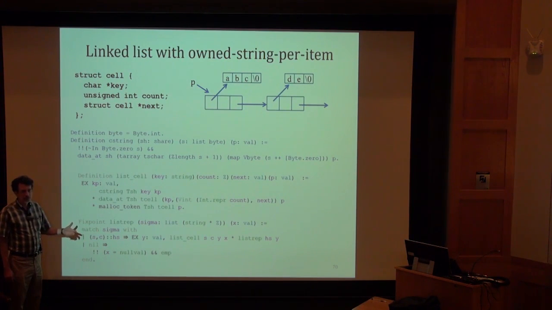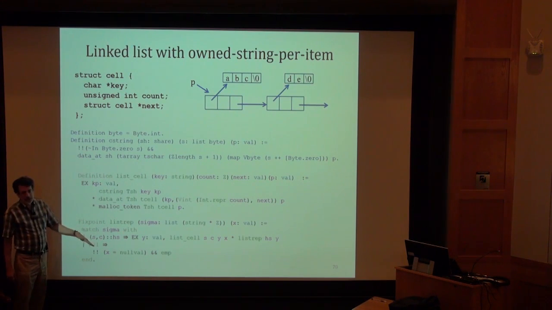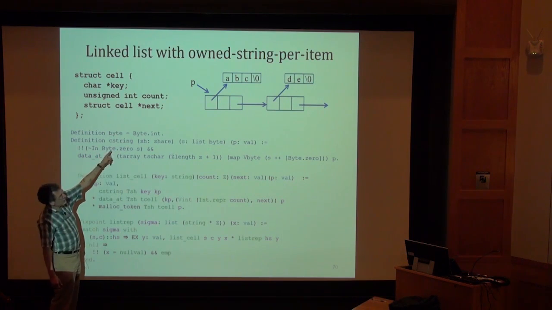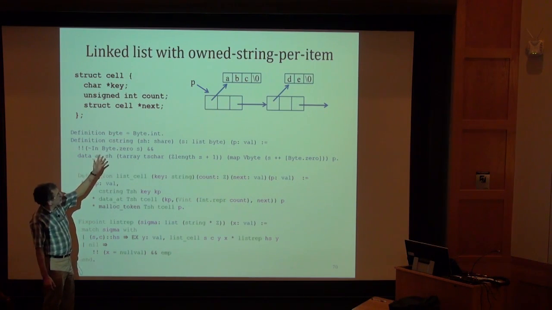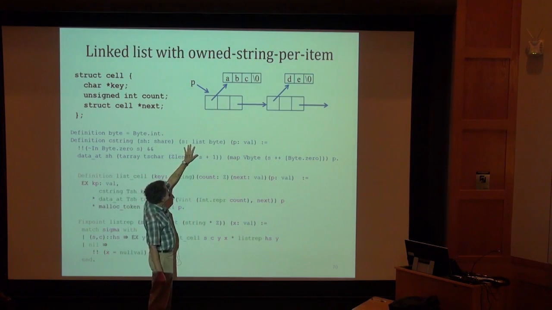Not that there's anything so special about having the address last, but once we pick a convention, then you can read separation logic definitions more easily if you know that first comes the abstract mathematical value being represented, and then comes the address at which it sits. And even C string itself is a definition of a separation logic predicate with the address last and the abstract mathematical value here.